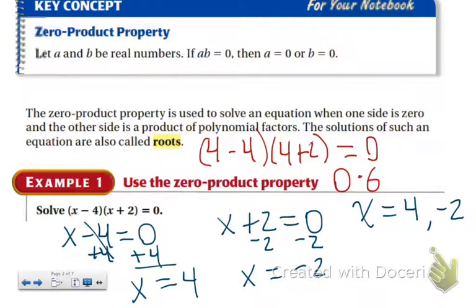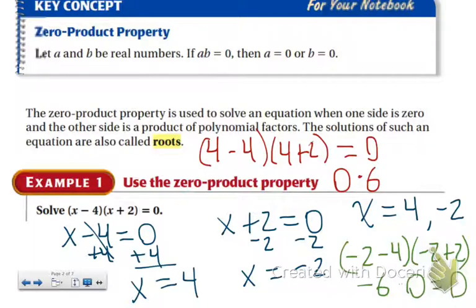Or, for the other one, if we did negative 2 minus 4 times negative 2 plus 2, well, negative 6 times 0 is still 0. So the important thing to realize here is that both of these are solutions or roots for this equation.